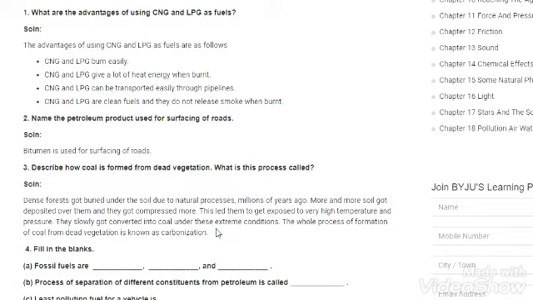So due to very high temperature and very high pressure, they slowly got converted into what? Coal. Then the whole process of formation of coal from dead vegetation is known as what? Carbonization.